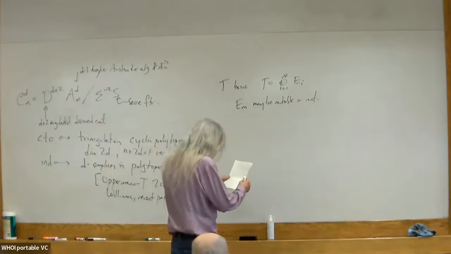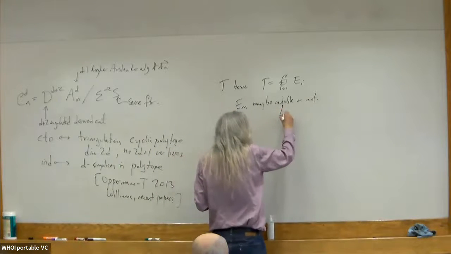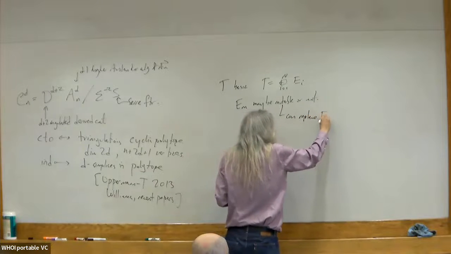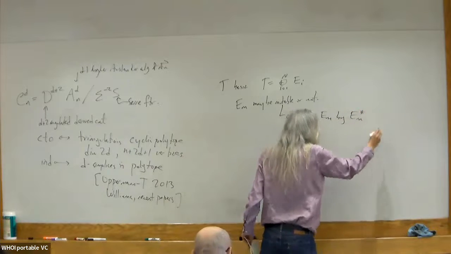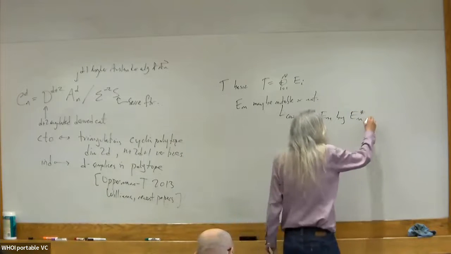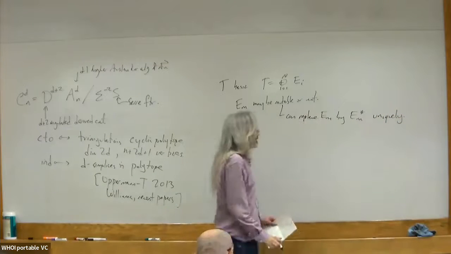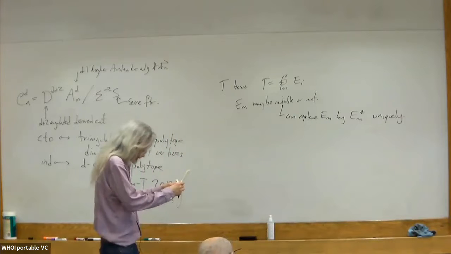They won't be mutable. You won't be able to change them. If they're mutable, that means you can replace E_m by E_m star in exactly the same way as before, in a single way, by something different and still get a cluster tilting object.